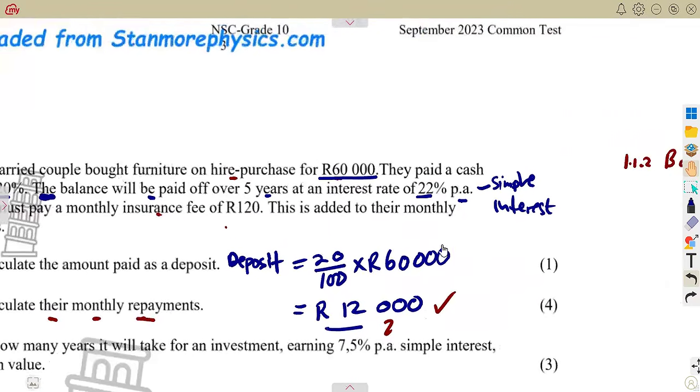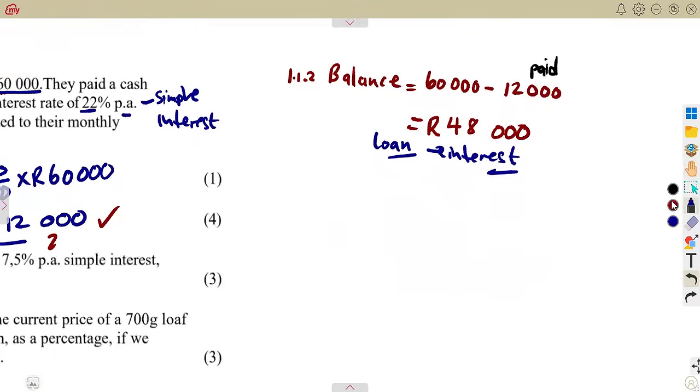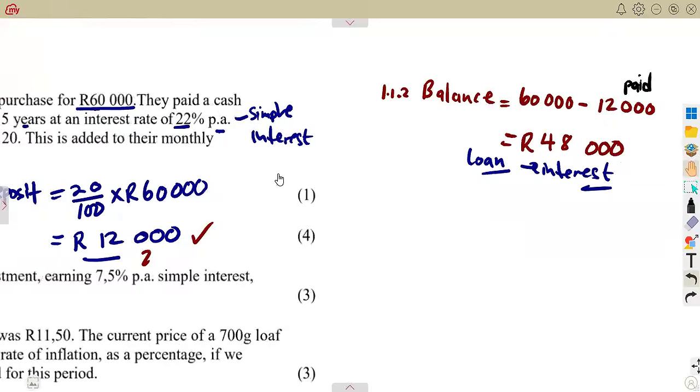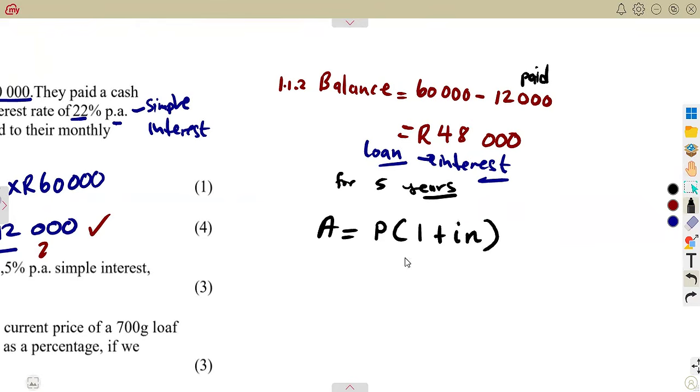So now we are going to calculate the amount to be paid for the 5 years. What will be the amount to be paid? For 5 years, the amount to be paid from the simple interest, remember your simple interest formula, that's A is equal to P into 1 plus interest times the number of years.